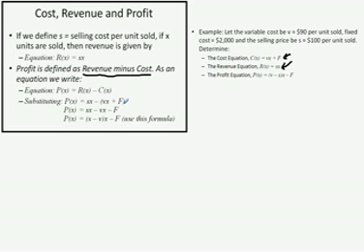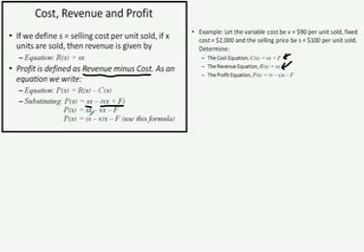So if we put in our formulas right here, there's a little bit of algebra to be done, but it's really easy to see. Our revenue equation, S of X, if we subtract our cost equation, V of X plus F, we distribute the negative sign to both terms inside of the parentheses to eliminate the parentheses.